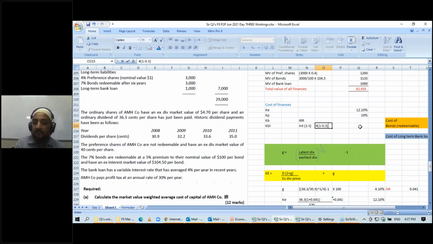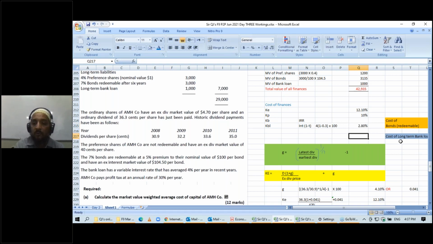This is the tax shield effect. Multiply it by 100. This gives you the cost of the bank loan, and the cost of the bank loan is 2.8%. So that's the cost of the bank loan.